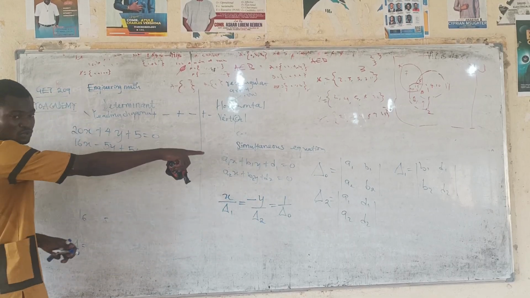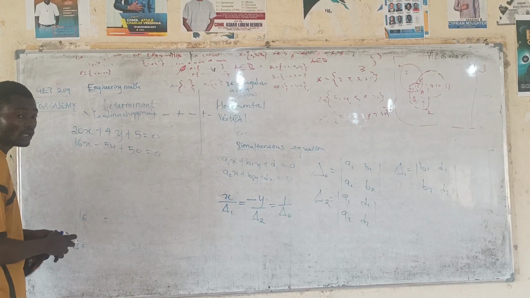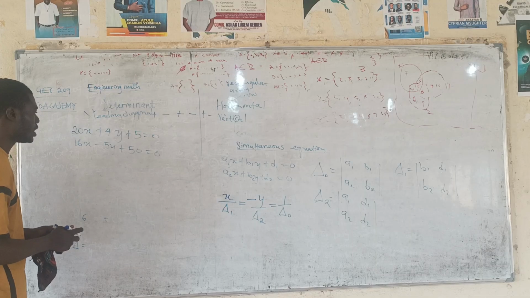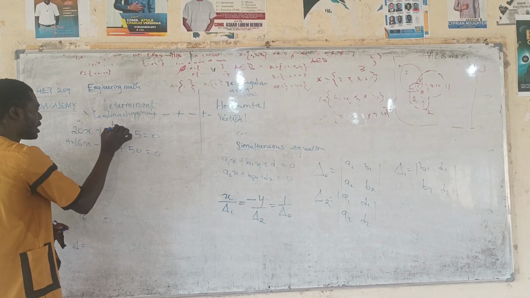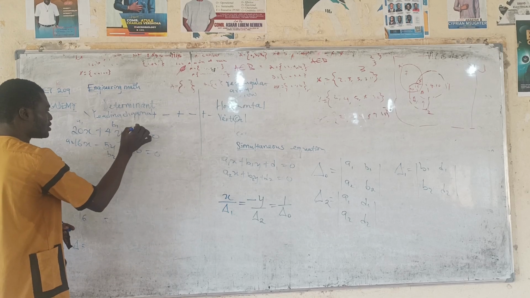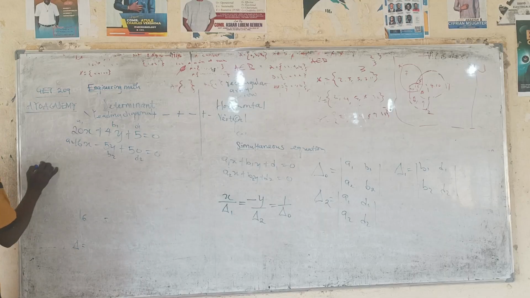So using what we have obtained there, let's say we are working on the real determinant. This one will have A1, A2, B1, B2, and D1, D2. So we are working on the determinant itself.